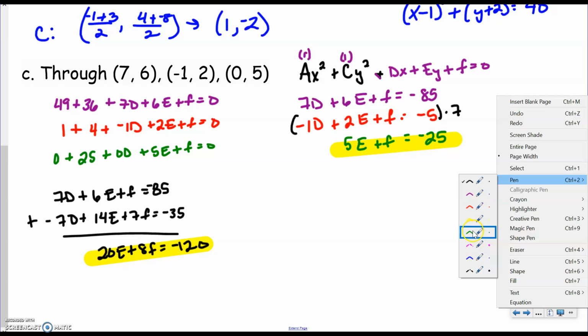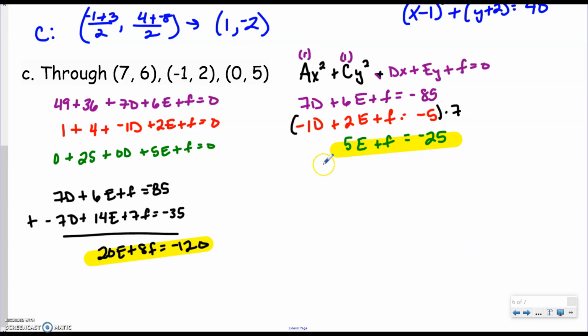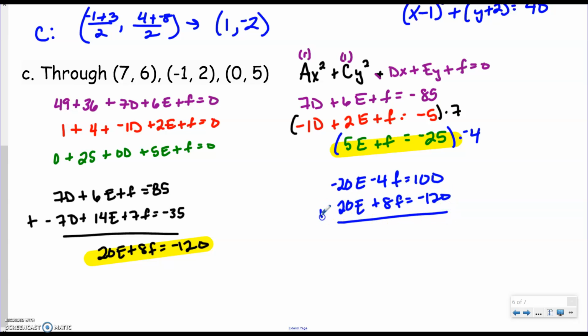I'm going to go ahead and do -4. So if I multiply by -4, I get -20e minus 4f equals 100. And then the black equation is going to stay the same: 20e plus 8f equals -120. When I add those together, I get 4f equals -20 and f equals -5.